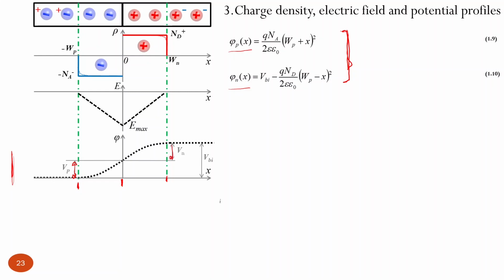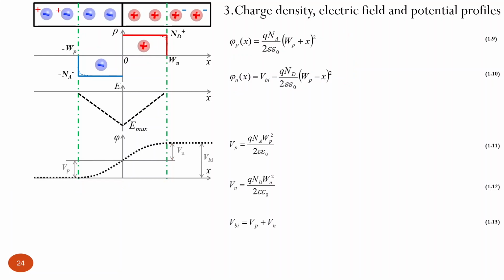So this is Vn. Obviously, we can determine quantitatively their magnitudes, so we can just substitute positions in these equations. Here we can put minus Wp. Here we can put Wn.